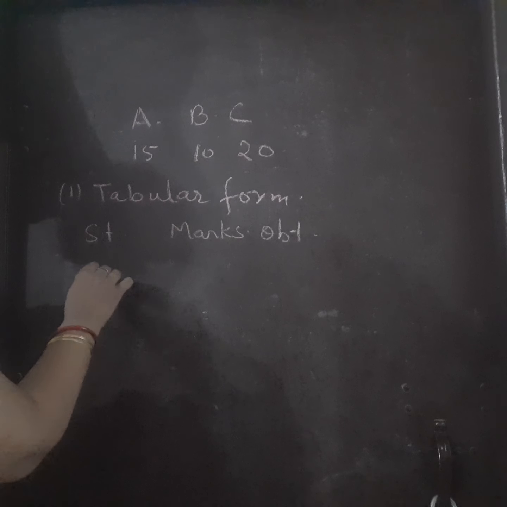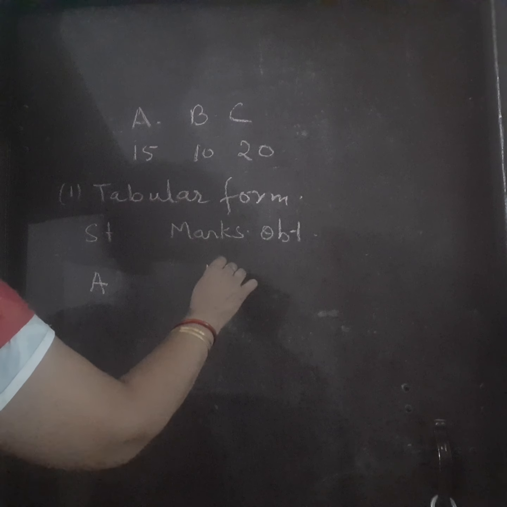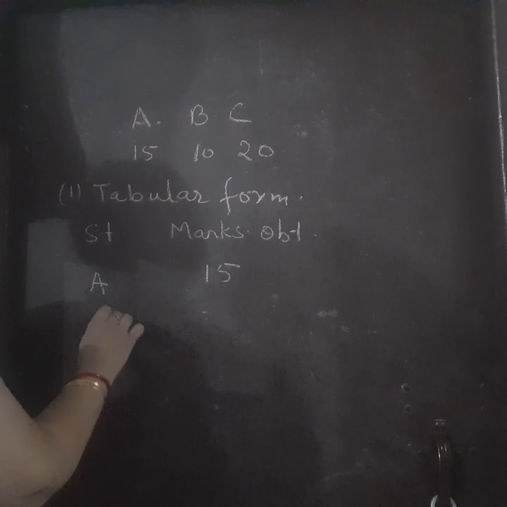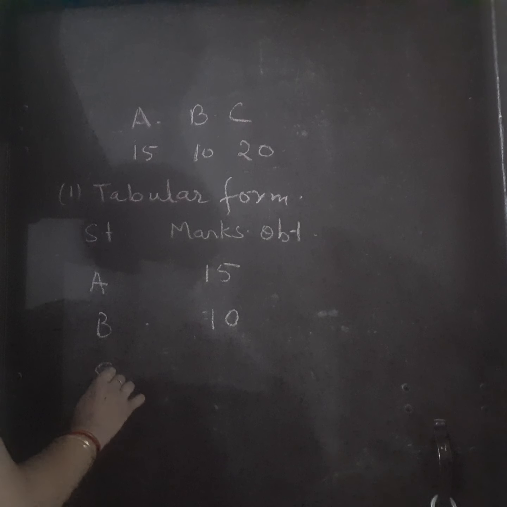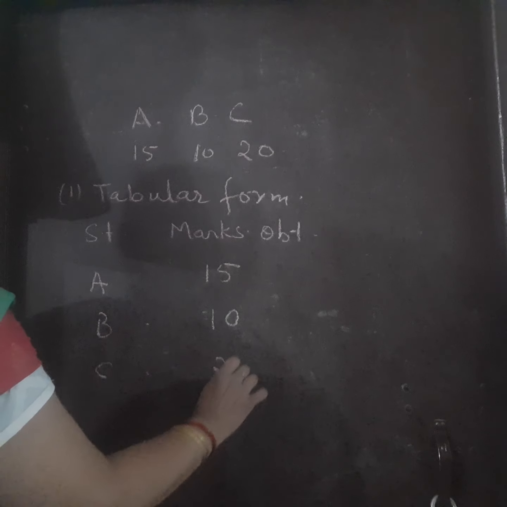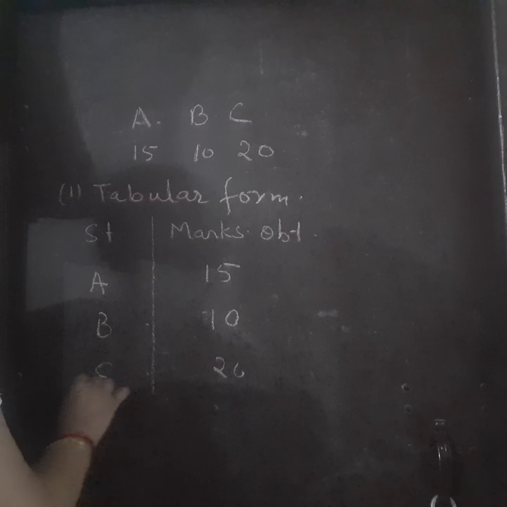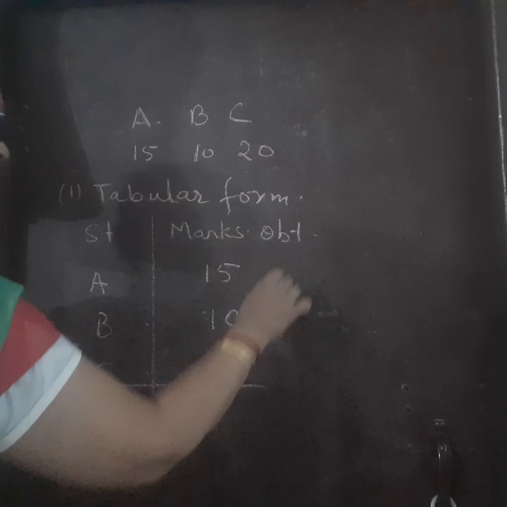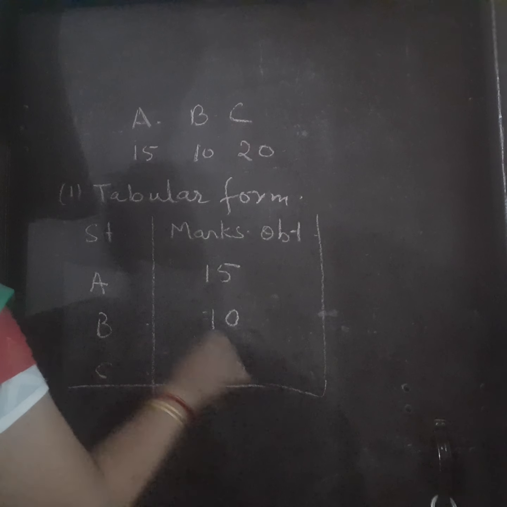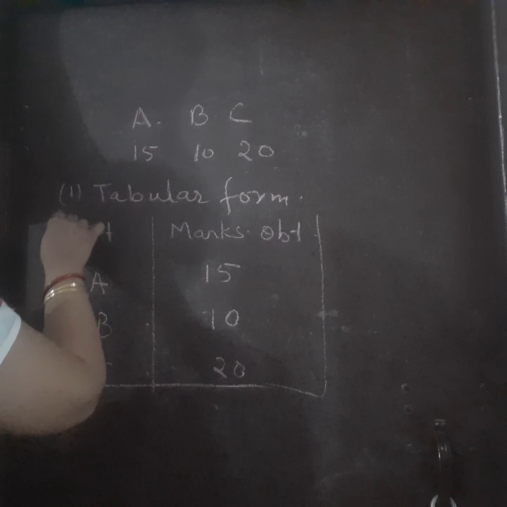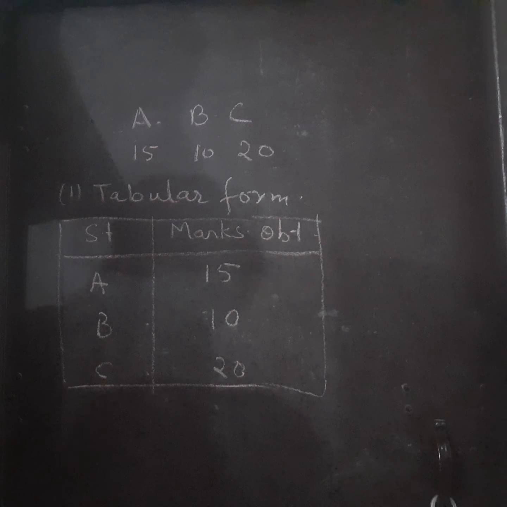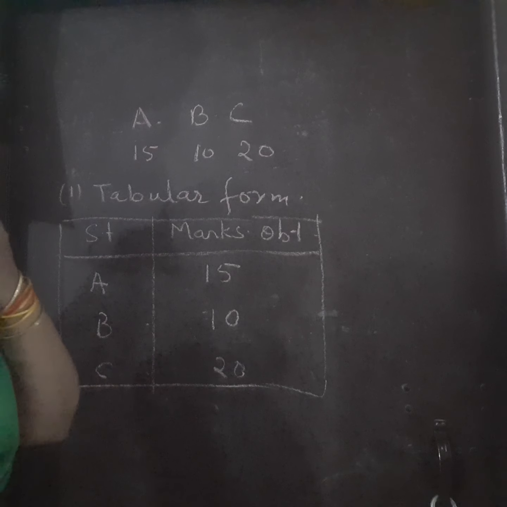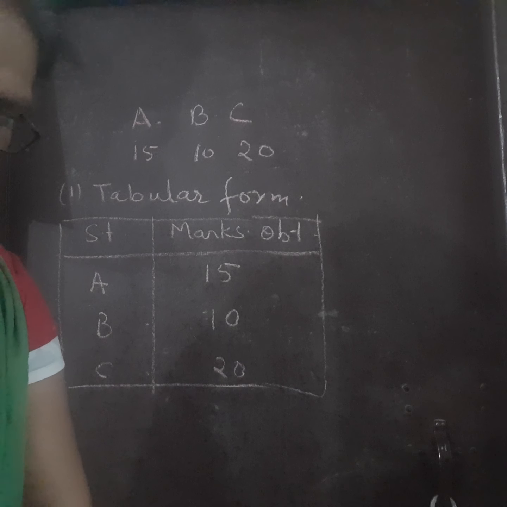So student A got 15 marks, student B got 10 marks and student C got 20 marks. So this arrangement of data is called arrangement in tabular form. So this is the tabular form of arrangement of the collected data.